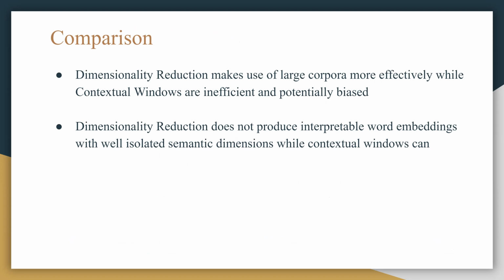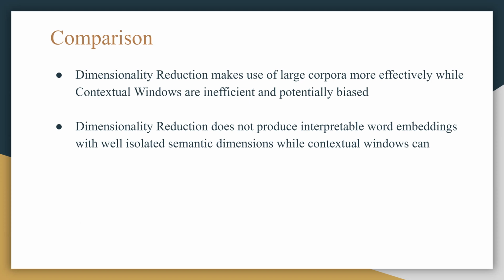So now we will compare the above methods. Each of the methods that we have talked about so far can derive usable word embeddings. However, they each have different strengths and weaknesses. Dimensionality reduction is much more efficient than prediction in contextual windows and makes use of large corpora better, since we don't have to sample a subset of contextual windows.